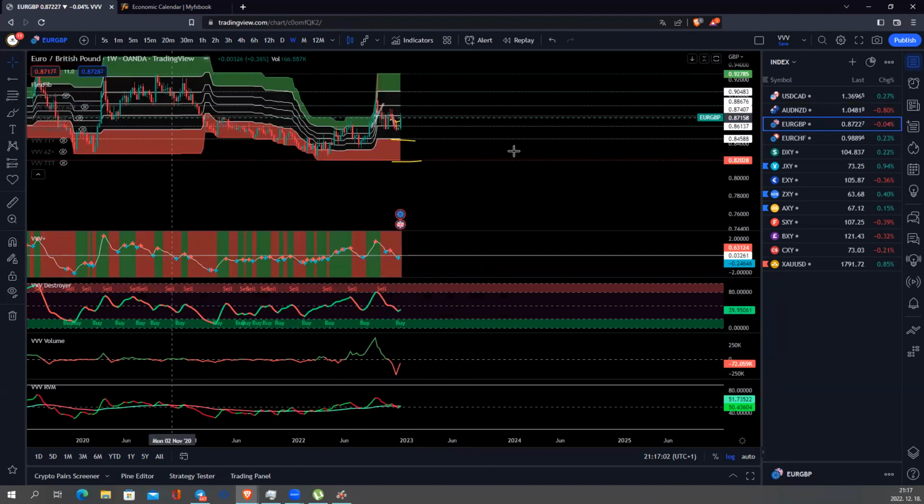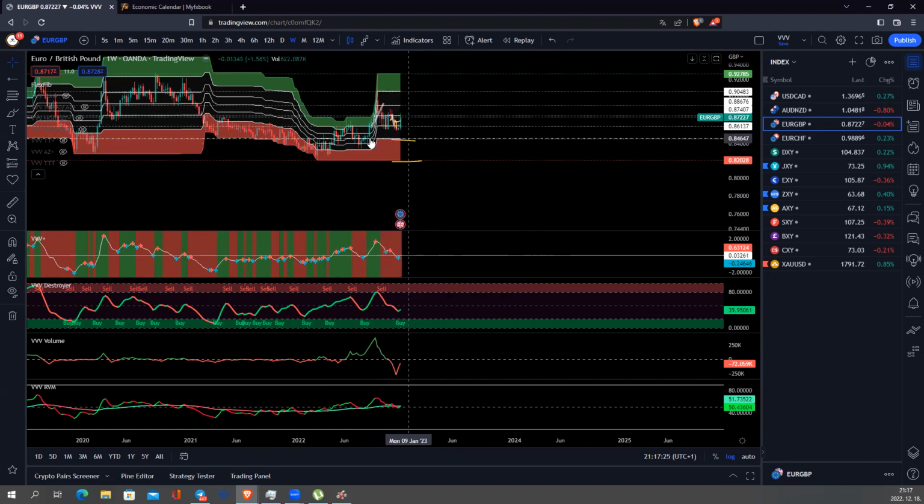Let's see on the fib as well. We broke the previous high, so because we didn't break through, I would like to see a continuation, but this is still a correction area.